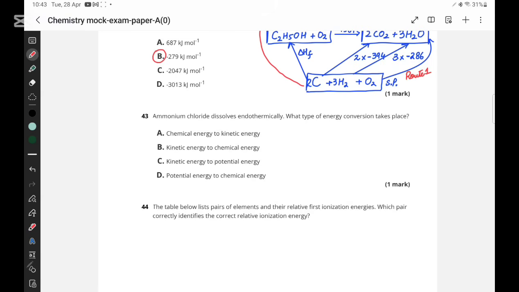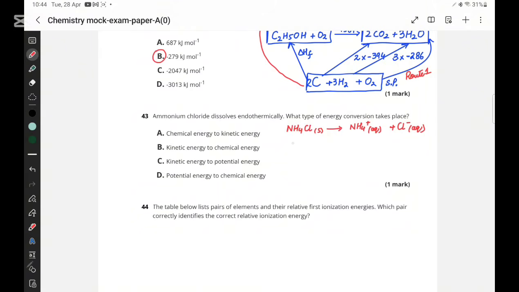Ammonium chloride dissolves endothermically. When ammonium chloride, which is in solid state, dissolves, it forms ammonium ion in aqueous form plus chloride ion in aqueous form. So you are going from solid state to aqueous form.